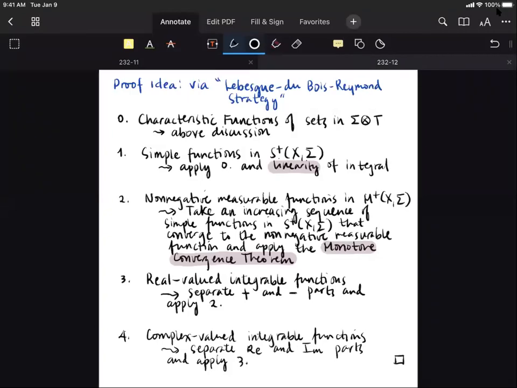But the way we constructed the product measure guarantees that this is valid. I will not go into the details of these steps. Nevertheless, these are presented in the course notes and you can read them in detail there.